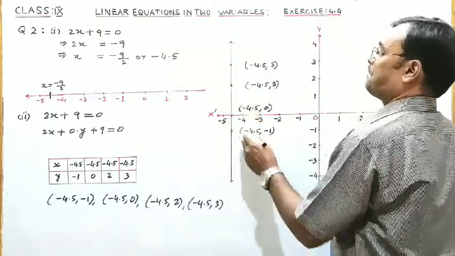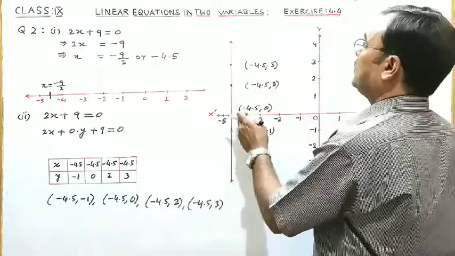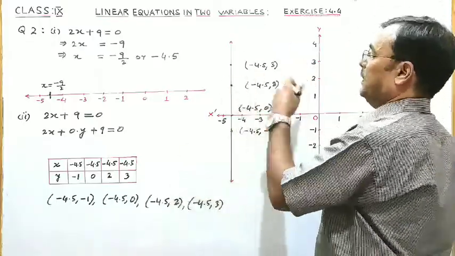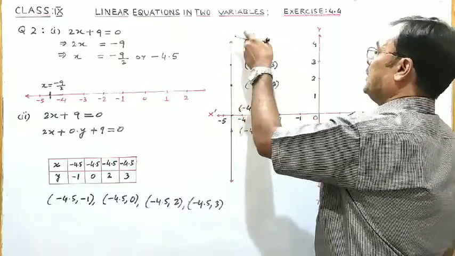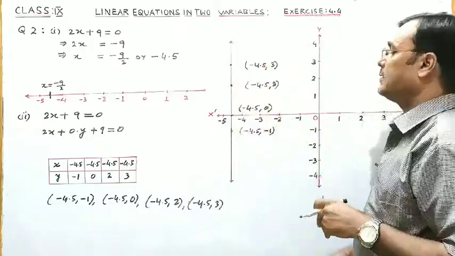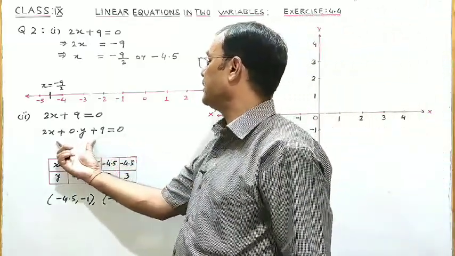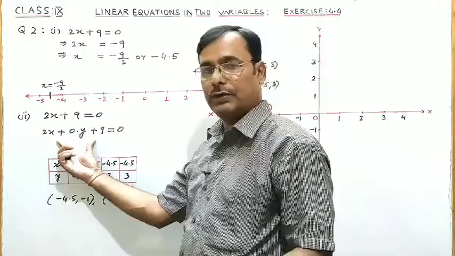This line is drawn passing through the 4 points which we plotted on the graph paper, and this straight line is parallel to the y-axis, which is actually the graph of this linear equation 2x plus 0y plus 9 equal to 0.